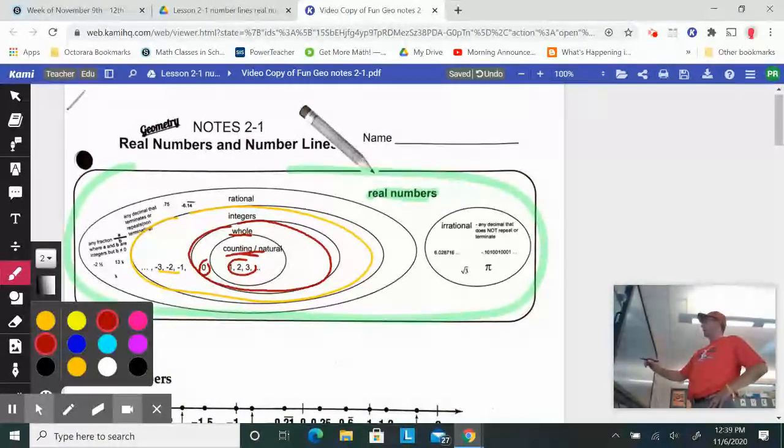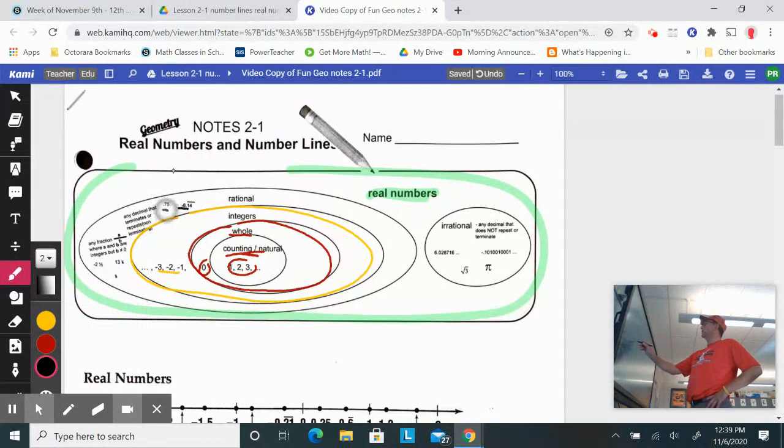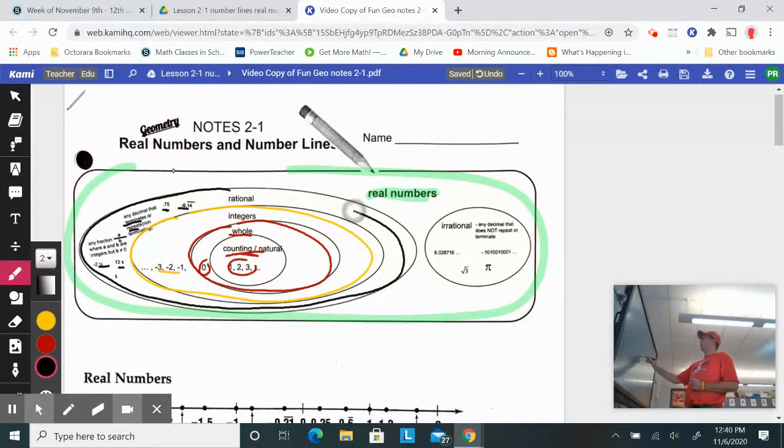And then you have the rational numbers, which includes the decimals and fractions, as long as the decimals either terminate or repeat. They're all part of the rationals, which of course includes the integers, whole numbers, and counting numbers.